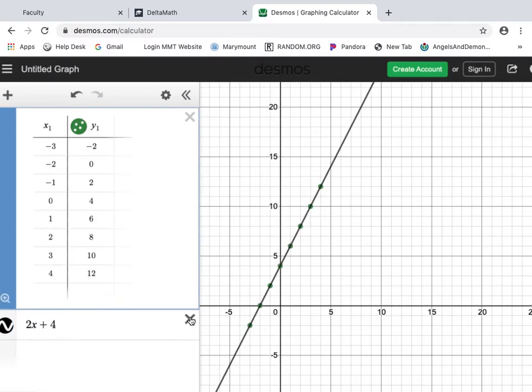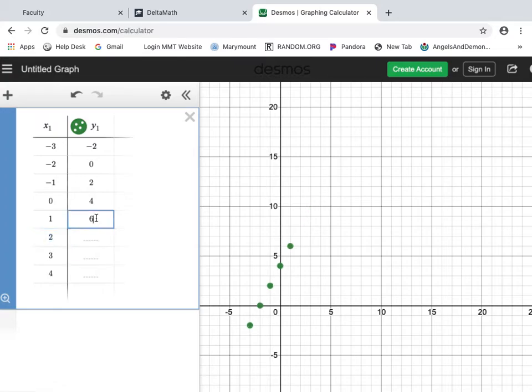Like this. Agree with your partner. All of them? Just your appointed number. Gabby, help her. Yes, because I said so.